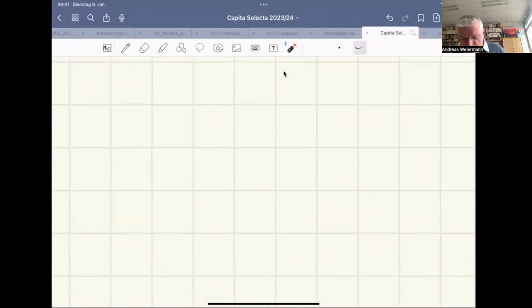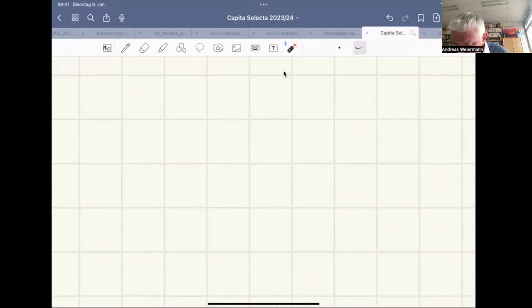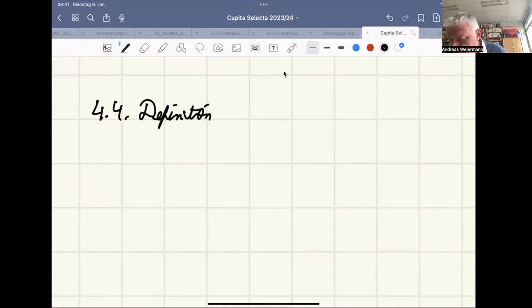Okay, now we come to the Goodstein process. 4.4 Definition of the Goodstein sequence.